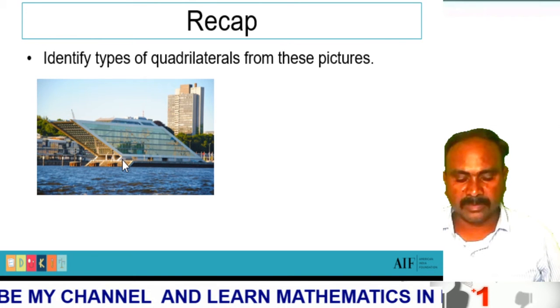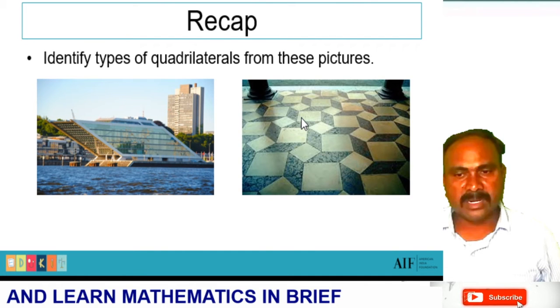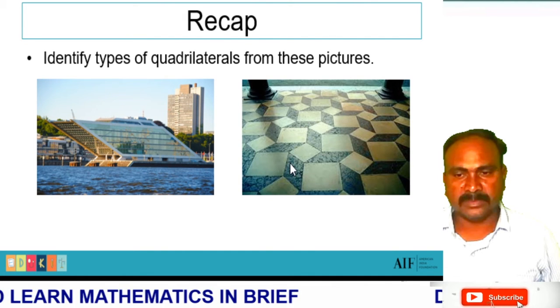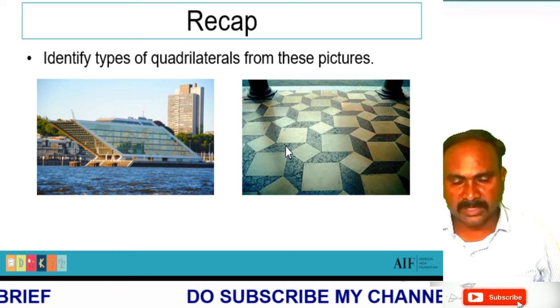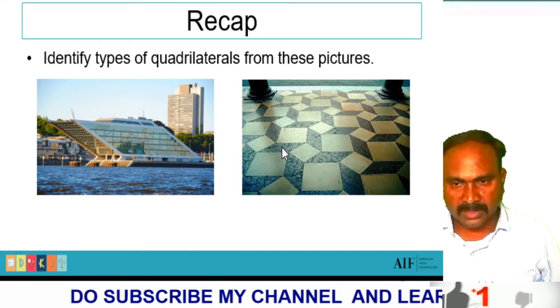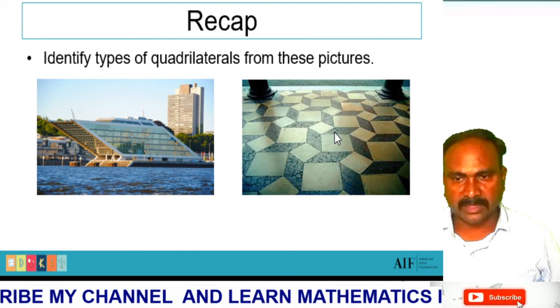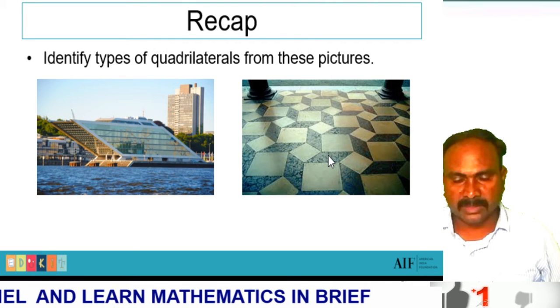Here, the number of quadrilaterals are all different. Here, white marbles; here, another color, and another color. Different types of quadrilaterals.